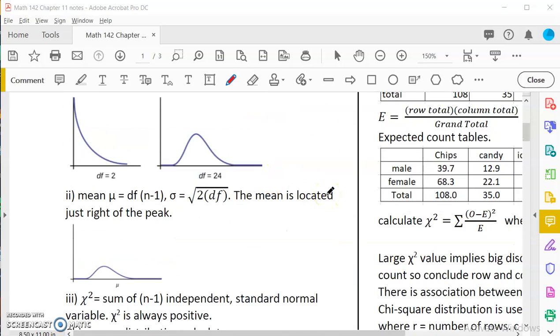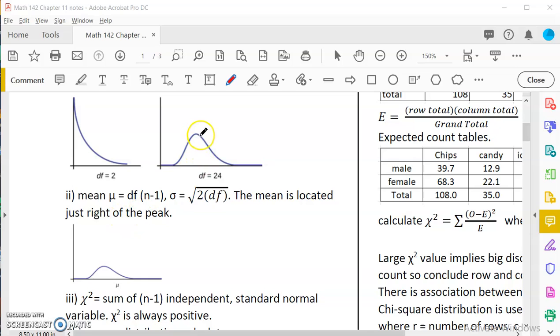When I draw the chi-square distribution, you see they are all on the positive side of the x-axis, because chi-square can only be positive. Chi-square has a peak around here, but that is not 0 or 1 because it's all positive. What is this number? Is it 1? No, the mean is actually the degree of freedom, n minus 1, and it's located just right of the peak.